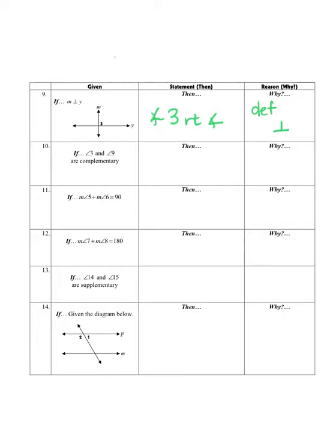If angle 3 and angle 9 are complementary, then we know the measure of angle 3 and the measure of angle 9 must equal 90 degrees. Our reason why? The definition of complementary.